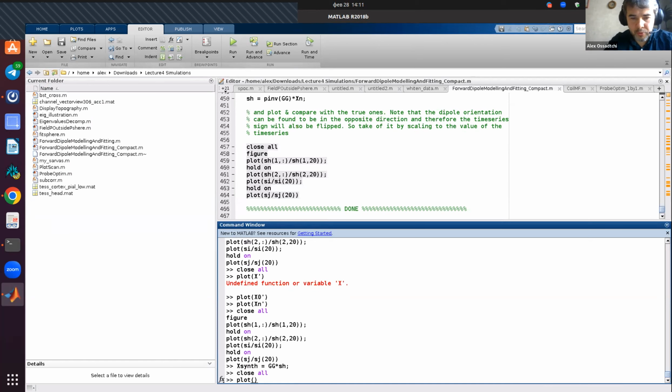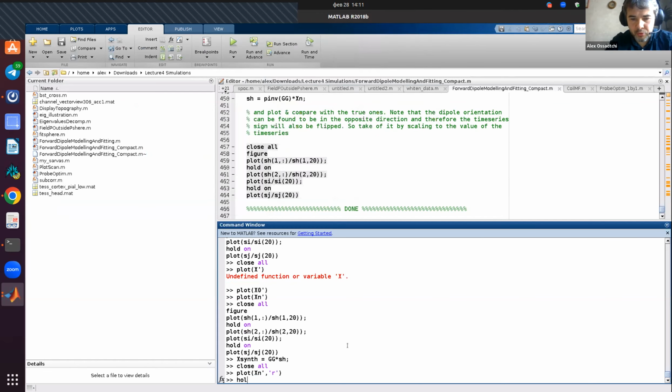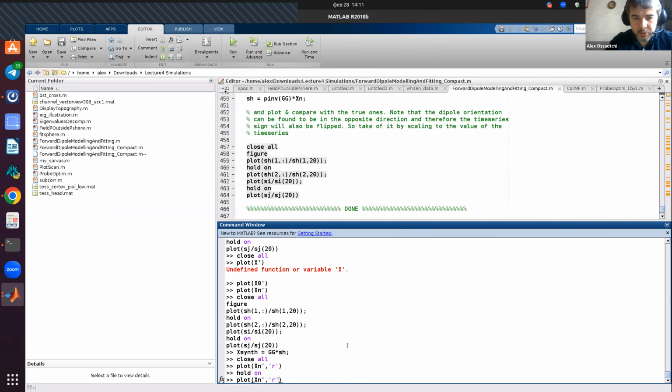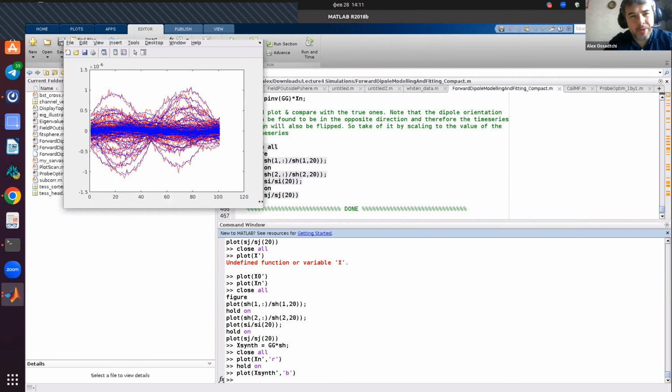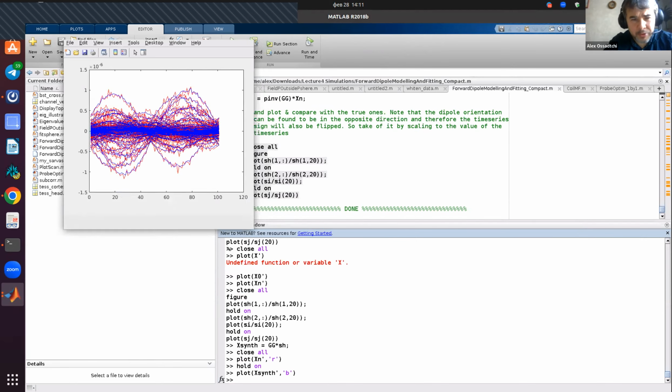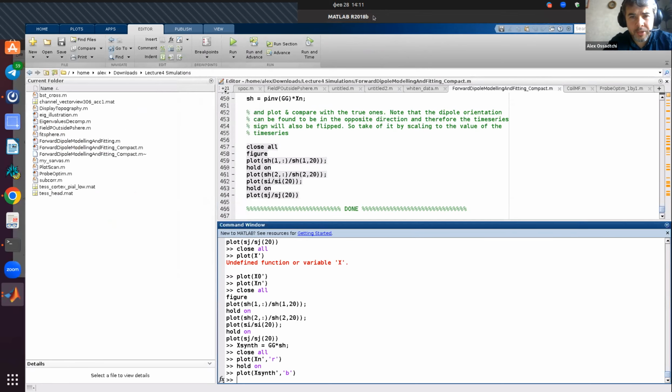And now you plot X synthetic and X noisy. First, let's do the noisy one with red. Then you do hold on. You plot your synthetic data with blue. Yeah, now it's okay.